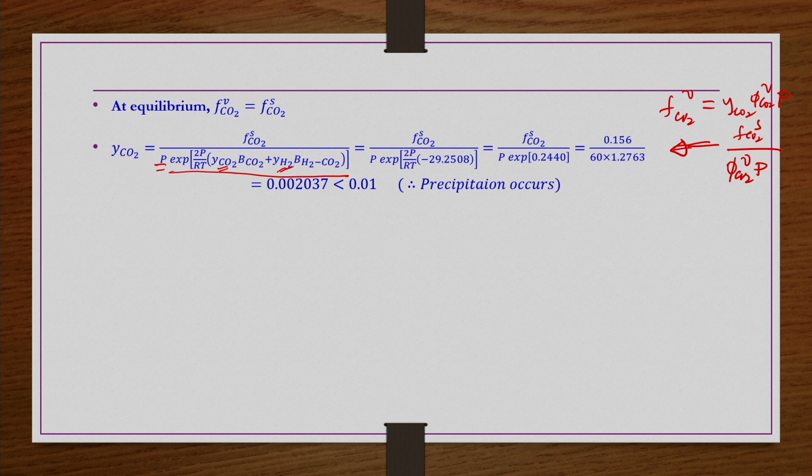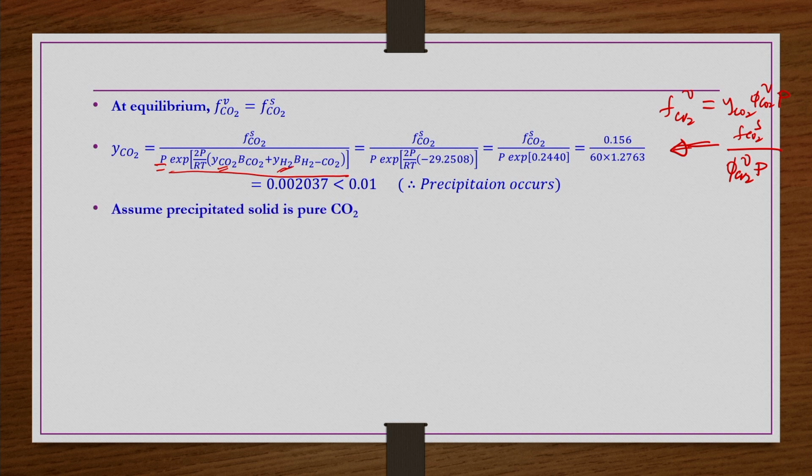If at all it were at equilibrium with no precipitation, we should have got YCO2 back to its initial value of 0.01. If no precipitation has occurred and only the gaseous phase is there, then YCO2 has to be 0.01 at equilibrium as well. But at equilibrium YCO2 is not equal to the initial value of 0.01, it is much lesser, 0.002. So, that means some amount is being precipitated, okay, which we have to find out.